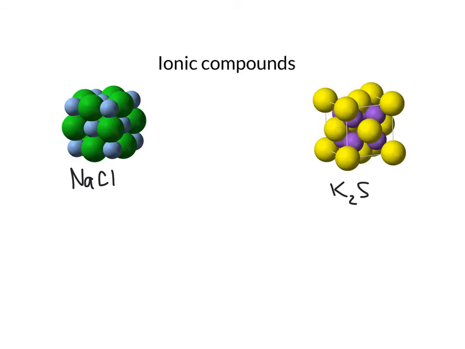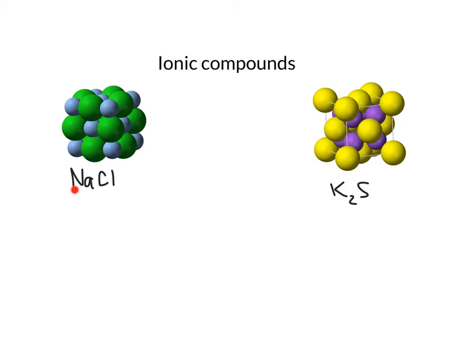Ionic compounds don't exist as discrete units. Rather, they are extended lattices of alternating cations and anions. Therefore, it may not be as obvious how I would want to add up the masses in order to get a molar mass for something like sodium chloride or potassium sulfide, both of which are ionic compounds.